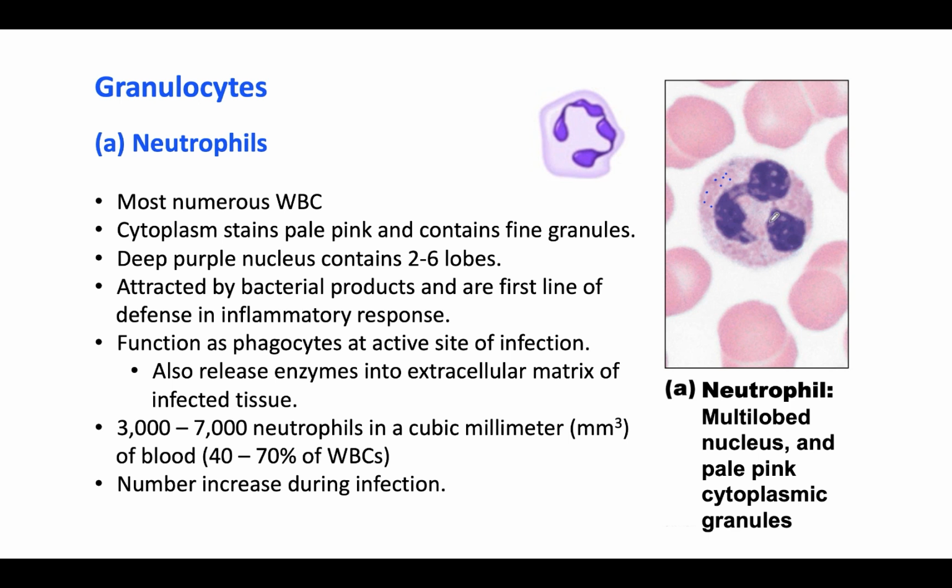This is what we call lobed. The number of lobes varies from 2 to 6. In this panel, you can see a 3 lobed nucleus, and in this neutrophil, you can see maybe 1, 2, 3, 4, 5 lobed nucleus.